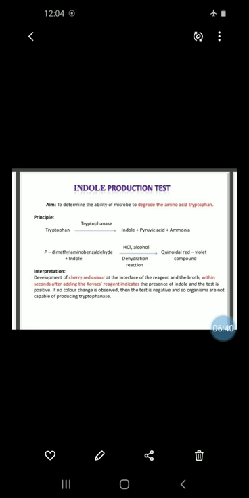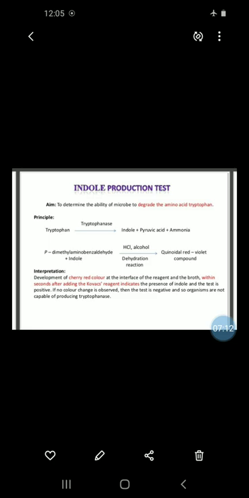If no color change is observed, that is, there is no formation of cherry red color after the addition of Kovac's reagent, then this test is negative, and so the organism is not capable of producing tryptophanase.